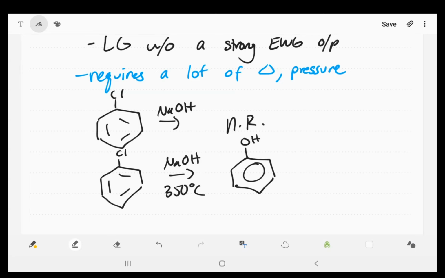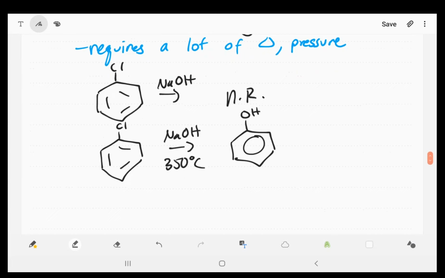So pizza oven temperatures are required for this. As you can imagine, that's going to be pretty tough, because without the pressure there, things are just going to vaporize and do who knows what. So you also need high pressure to keep things liquid. And so, tough reaction to do.